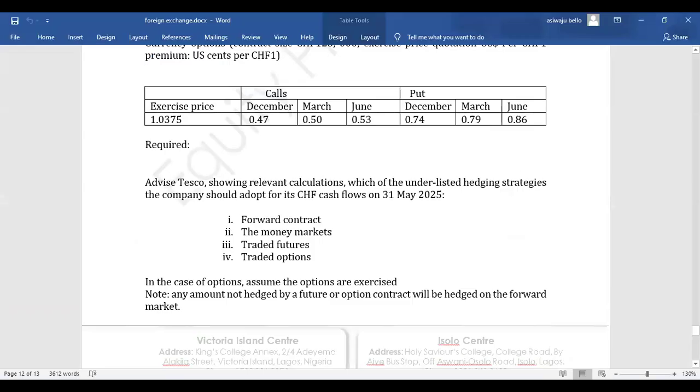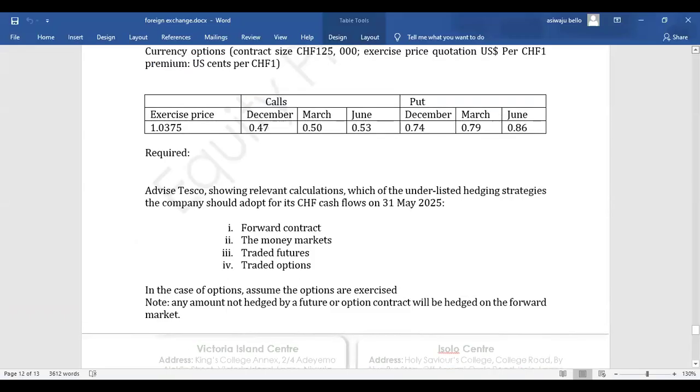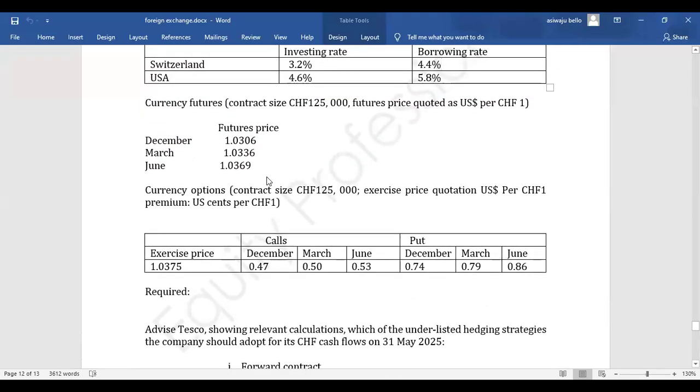Under futures, you are given contracts for December, for March, and for June.